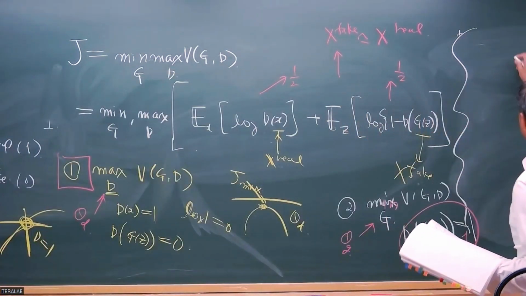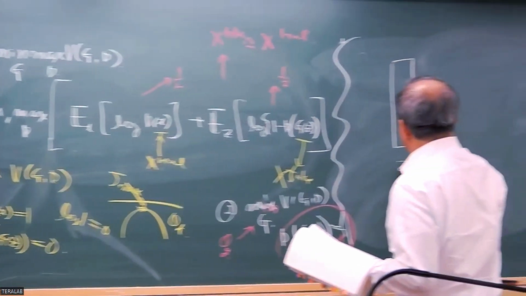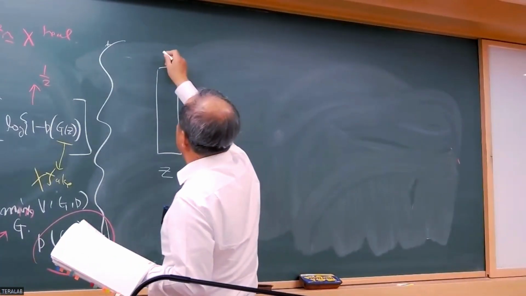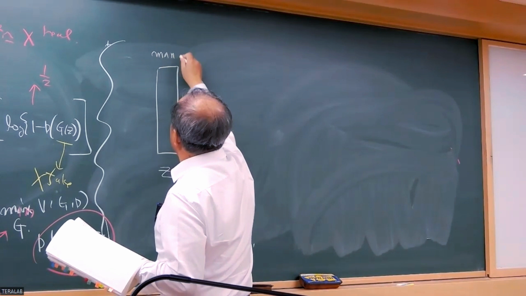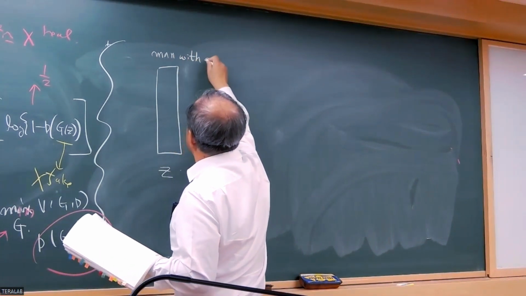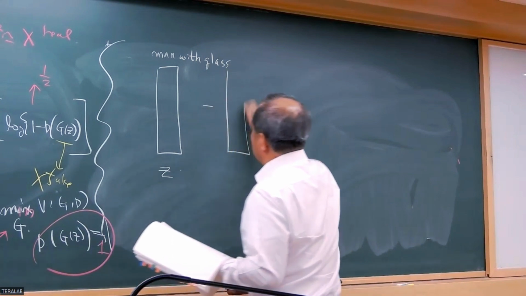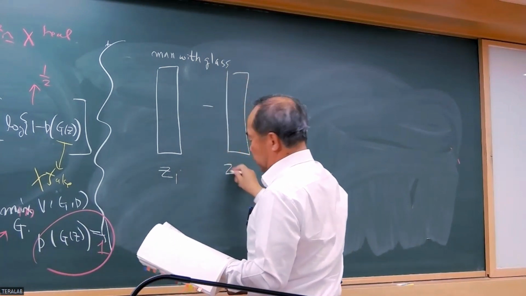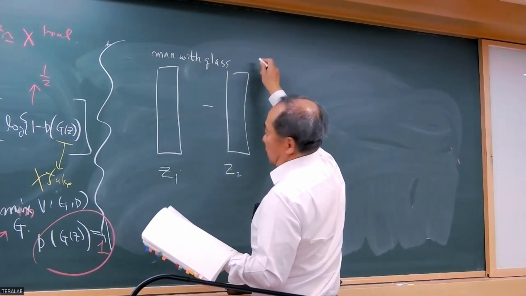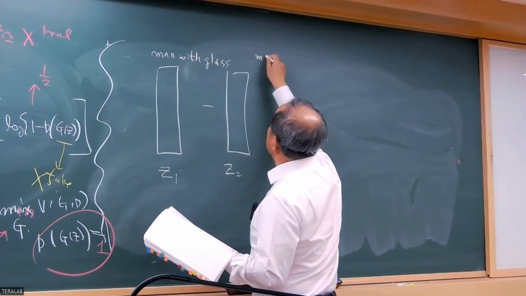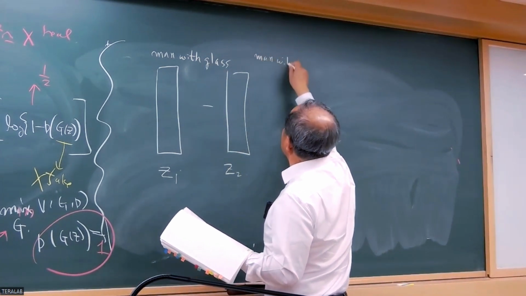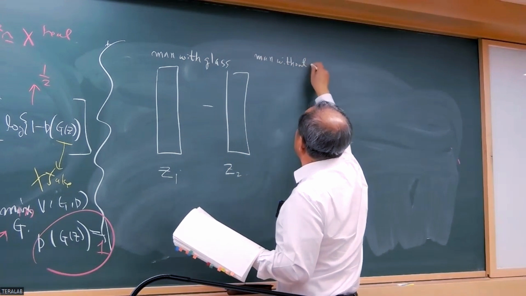Now, let's assume that you have latent vector G1 that has a man with glasses. And then we may have another one, G2, that has a man without glasses.